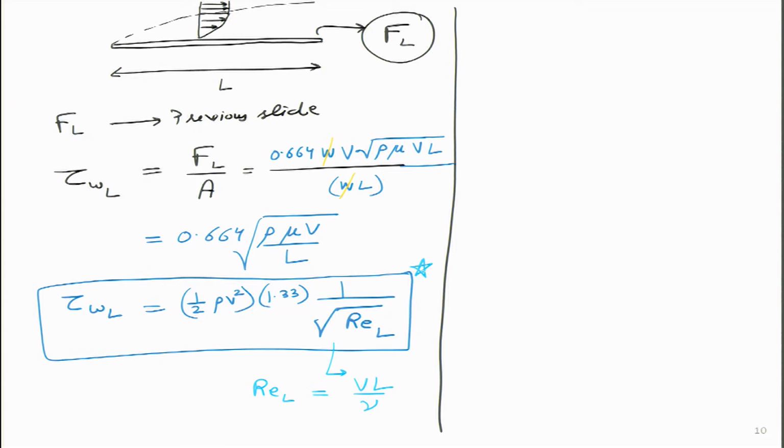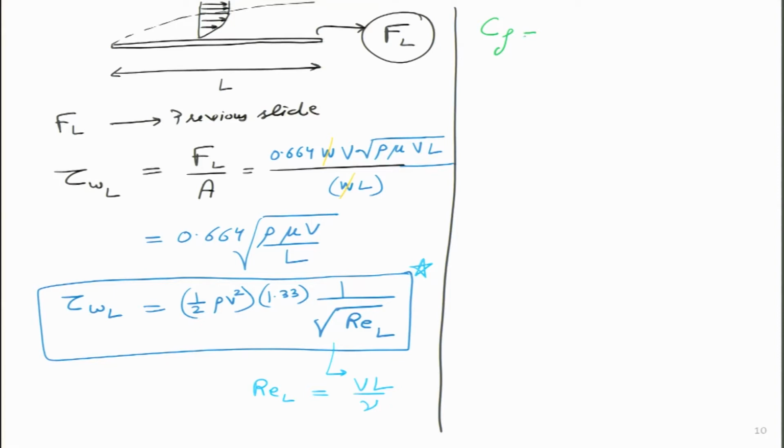The reason I want to write it in terms of half rho V square, I think students may remember, is that next I want to talk about the coefficient of friction, which is CF. If I want to take its average value, it is simply tau WL divided by half rho V square. This is by definition the coefficient of friction over here.